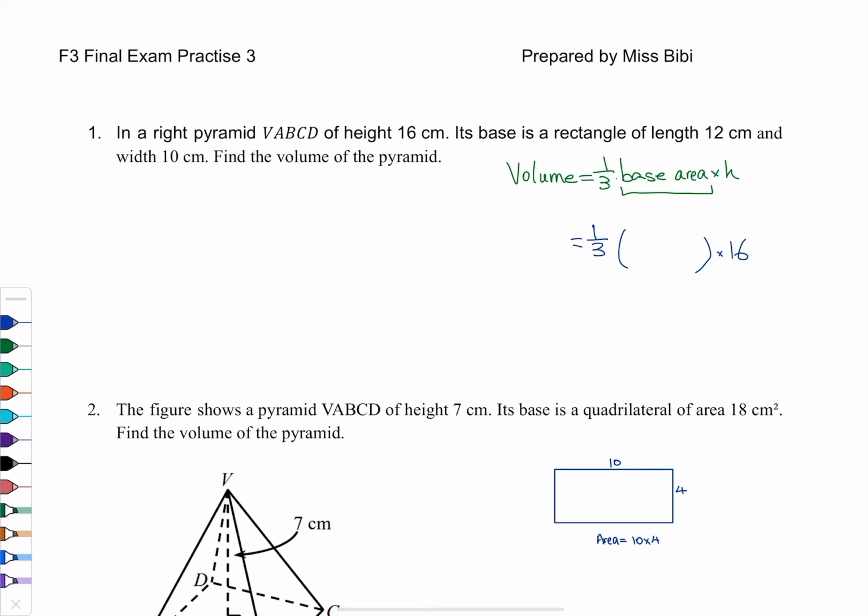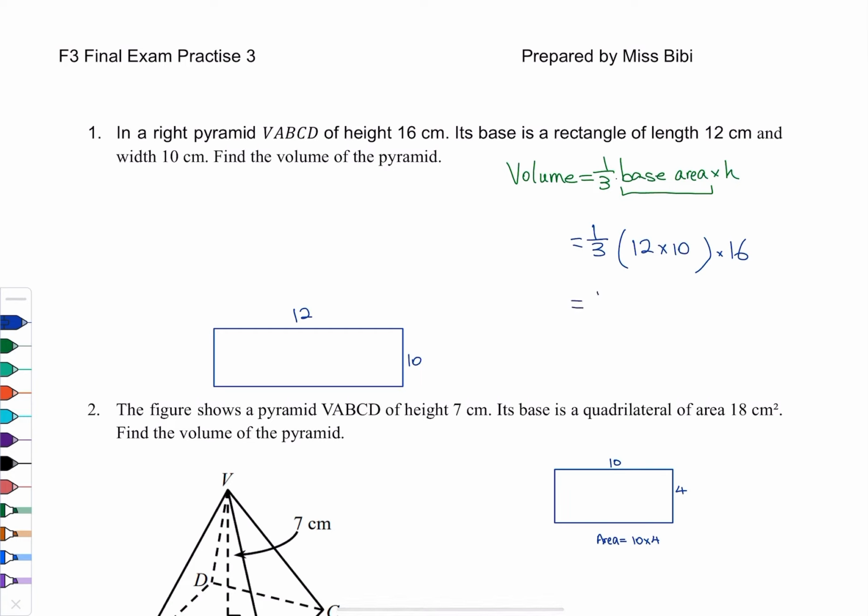We know the base is a rectangle. Oh, that's nice. And in that base, the length is 12 and the width is 10. So 12 here, 10 here. Do we know the area? Area is length times width. So 12 times 10. That's how you will find the volume of this.